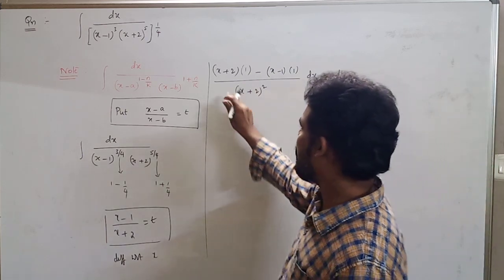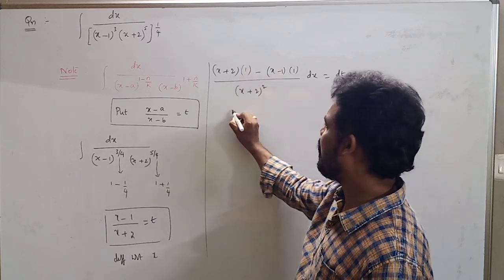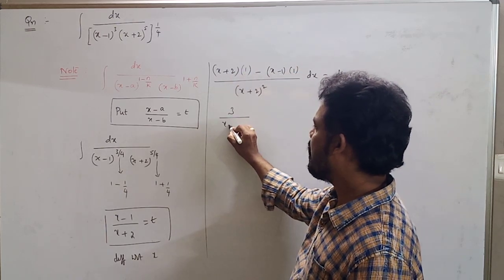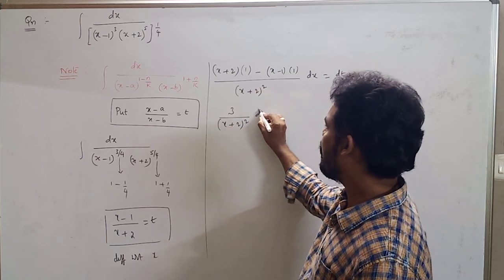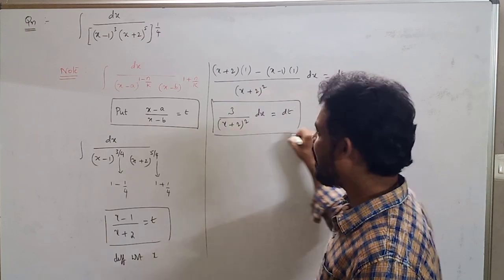The numerator is what here? x plus 2, x gets cancelled, 2 minus of minus 1. That is 3 by (x plus 2) whole square dx is equal to dt. You keep it in the box like this.